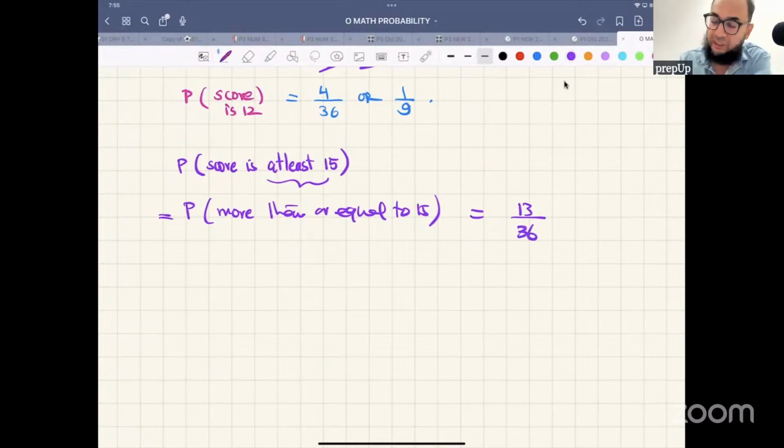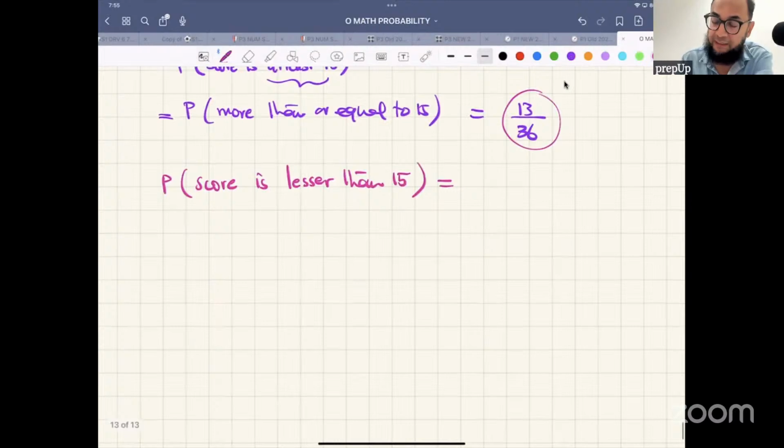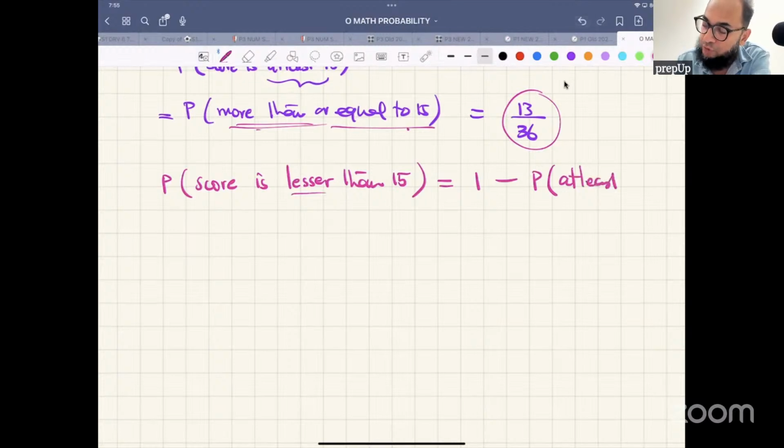Now let me write over here, probability score is lesser than 15. Can I use this thing? The answer is yes. The score is lesser than 15. That means this is the opposite of this thing. More than or equal to and lesser are the opposite. This is 1 minus probability the score is at least 15.